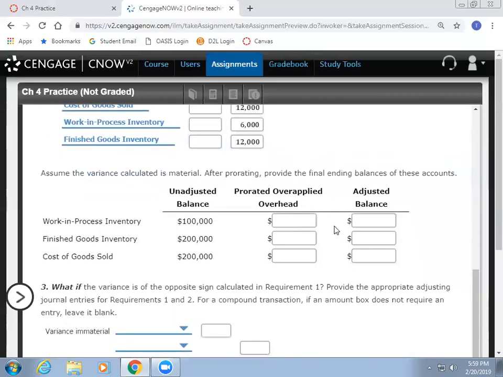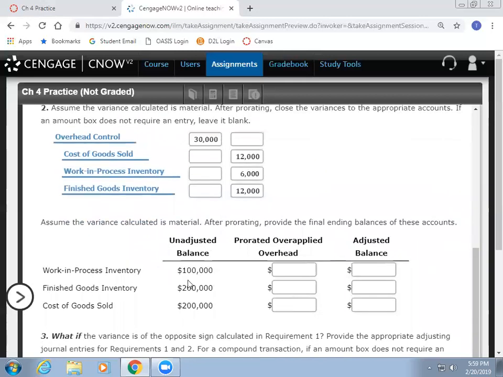If you scroll down, they just want us to adjust the balances. Well, all of these inventory accounts have debit balances because they're assets. So we're crediting them. We applied a 6,000 credit to work in process. So what's happening to the work in process balance? It's decreasing, right?